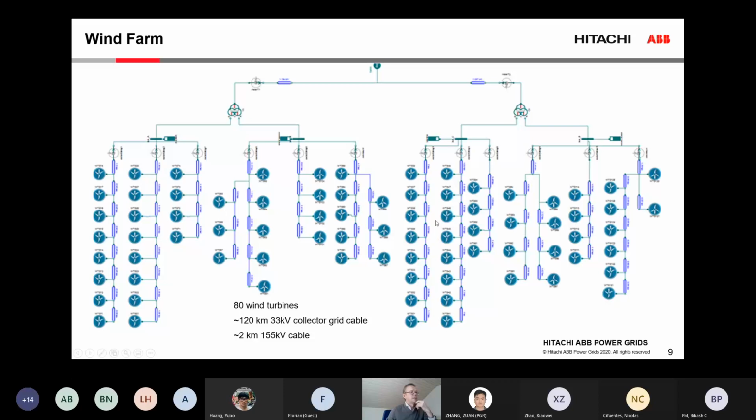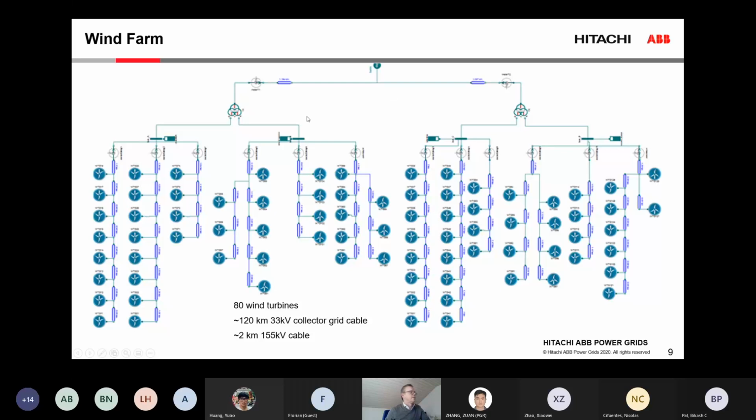That is the sum of the length of all the short cable segments. In addition, there was an AC platform for the BARD wind farm, and the HVDC was built on another platform about 2 kilometers away. So there are also some high voltage 155 kilovolt cables, those cables you see here.